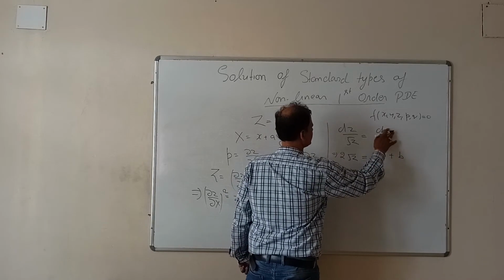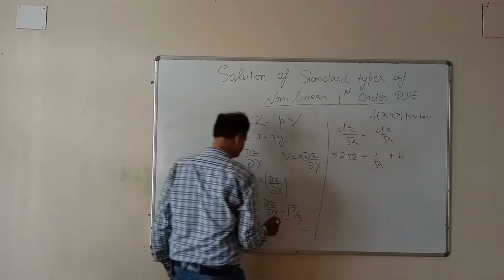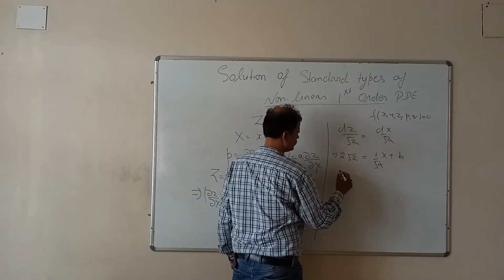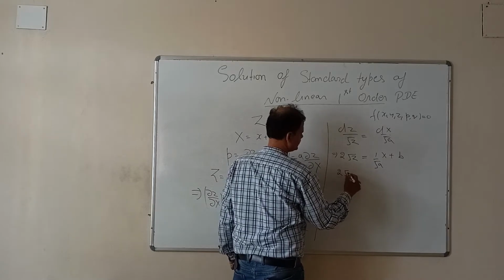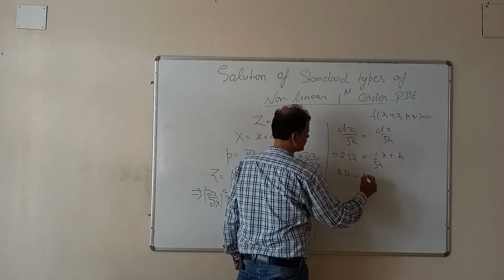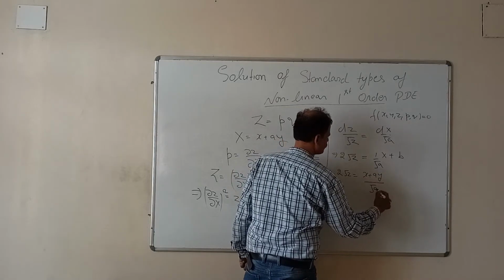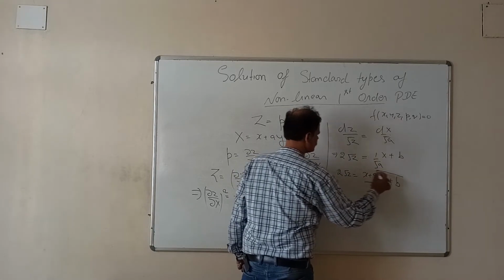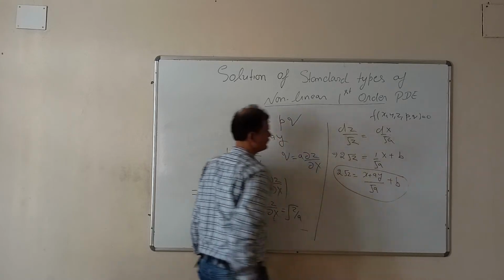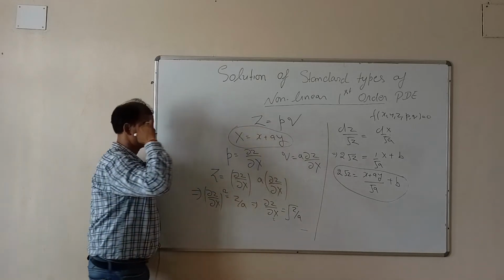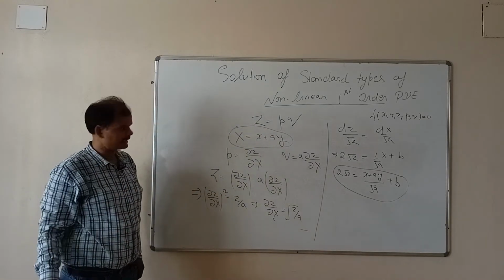This is your capital X. So 2 root z equal to capital X equal to x plus ay divided by root a plus b. So this is the solution of the PDE. Using this transformation, we are converting this so that z is a function of X alone.